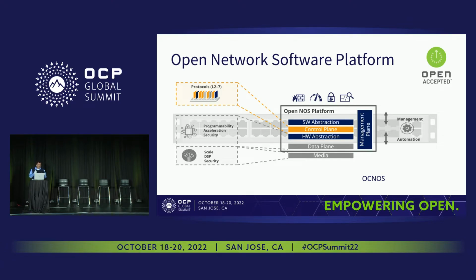Because when you take any segment, you have an existing infrastructure that is already deployed. So how do you start with interworking? Service interworking becomes very important. That means you need a robust control plane, a control plane that can support every existing protocol that is there today, because you want to take the network from point A to point B. So you need to have basic routing and switching. That becomes the baseline.